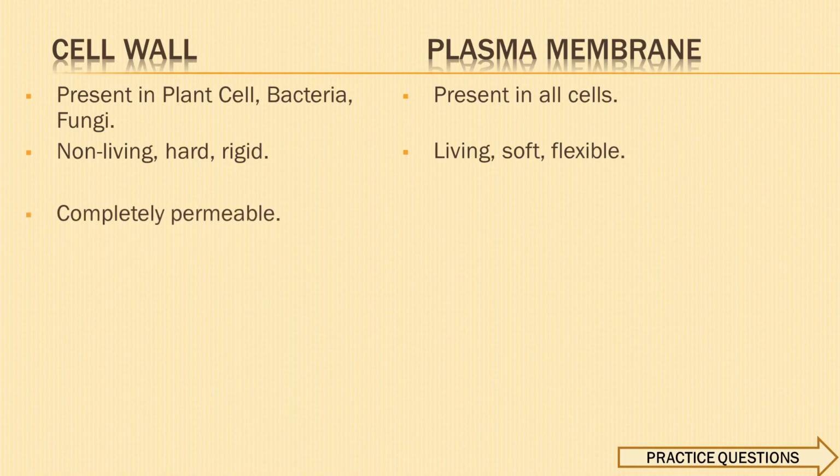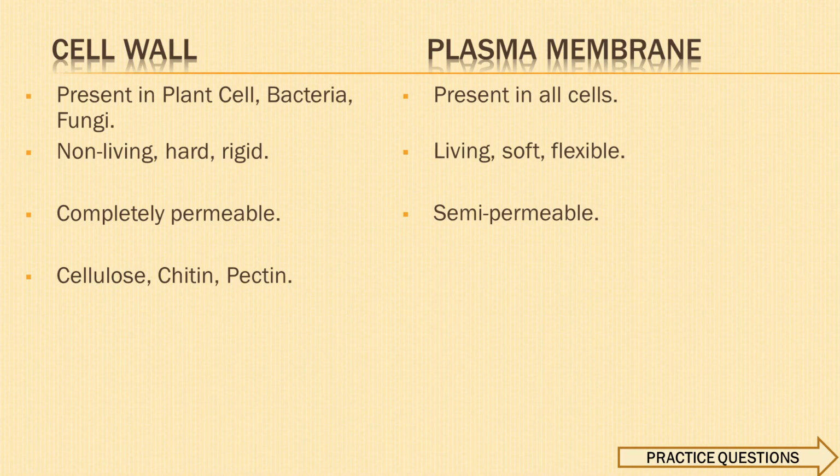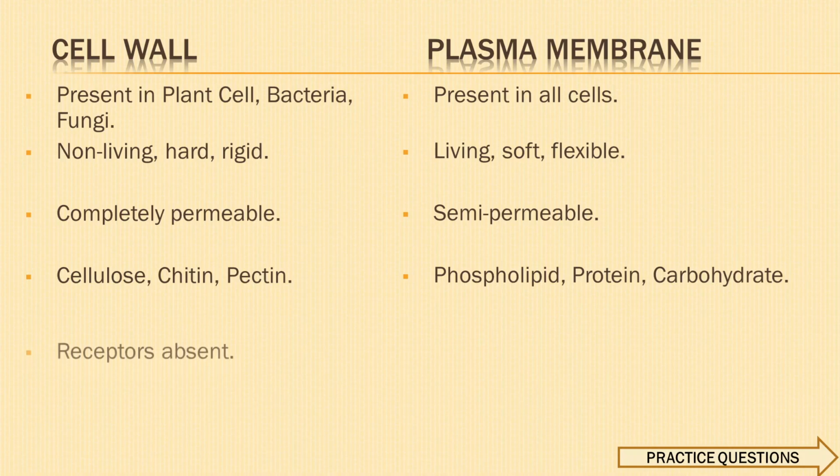Cell wall is completely permeable. Plasma membrane is semi-permeable. Cell wall is made up of cellulose, chitin, pectin. Plasma membrane is made up of phospholipid, protein, carbohydrate.